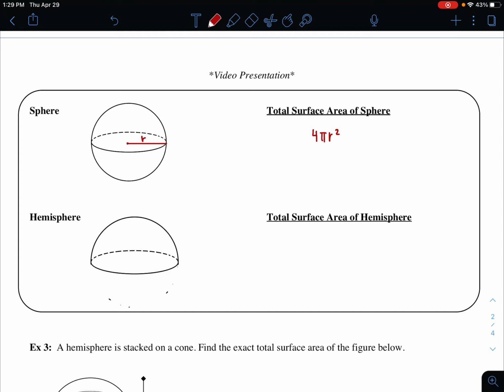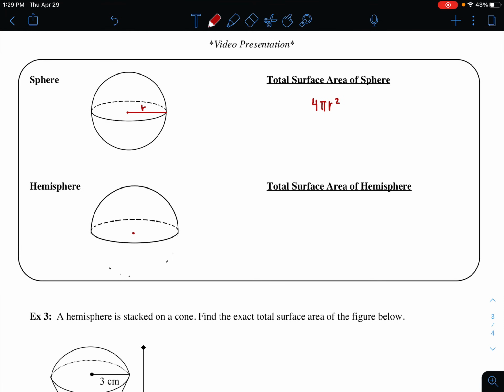Whereas total surface area for a hemisphere is half your sphere, will be 4 pi r squared, your total surface area of a sphere, divided by 2 because it's half, plus pi r squared because your base is the circle. So this ends up being 3 pi r squared. So pause the video if you need to.